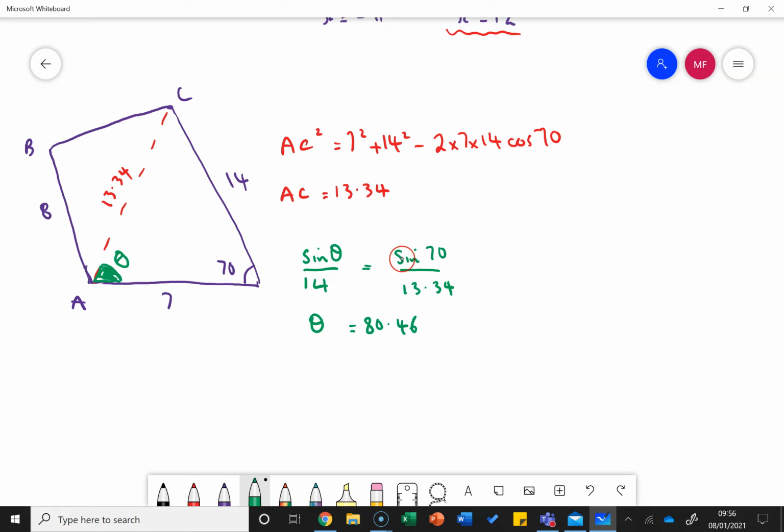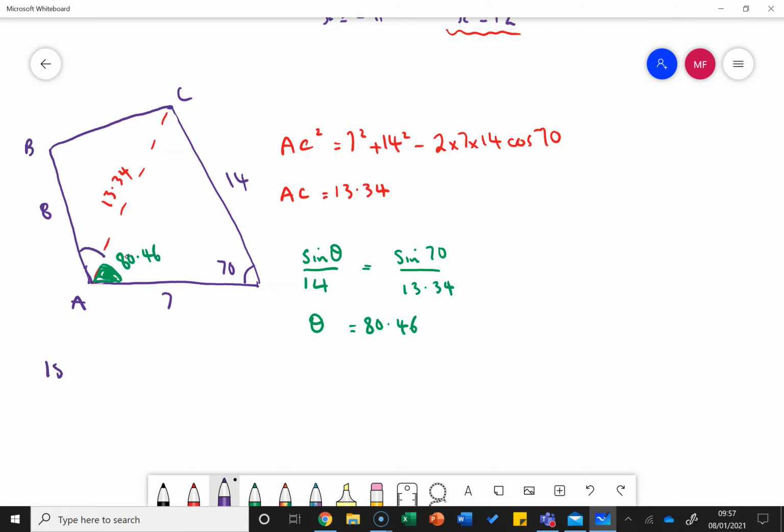So you're typing in 14 sine 70, press equals, divided by 13.34, press equals, then do inverse sine, and you'll get that little bit. So we've now got this bit here. So this bit is 80. Now remember, we knew it was 150 to start off with. So we've now got that little bit.